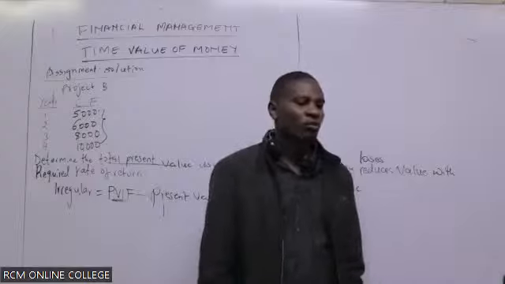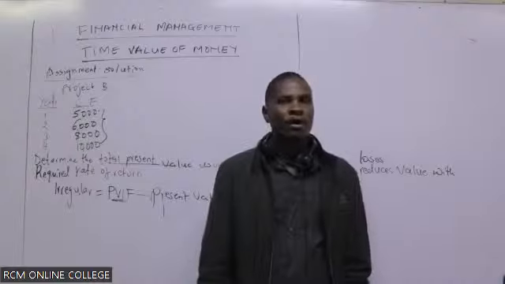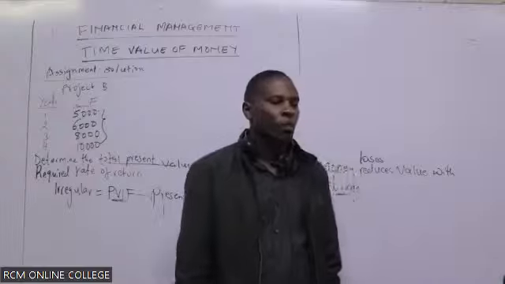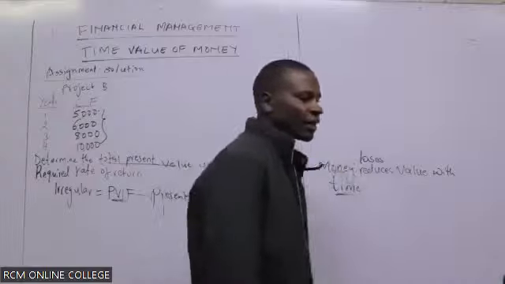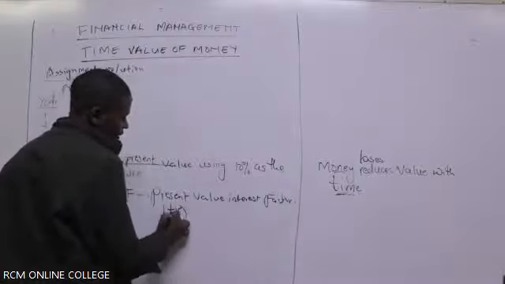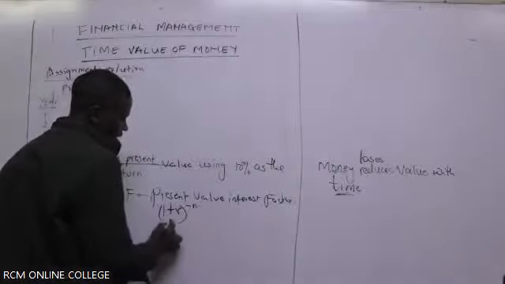What is the formula of PVIF? We told you: 1 plus R raised to power negative n. Exactly. 1 plus R raised to power negative n.